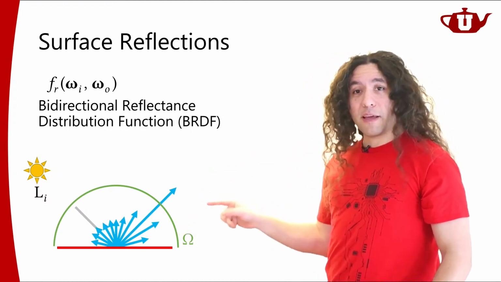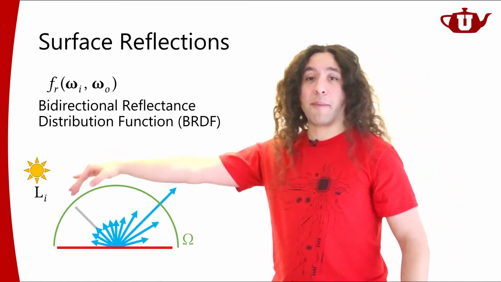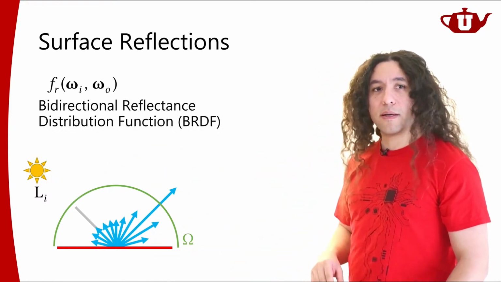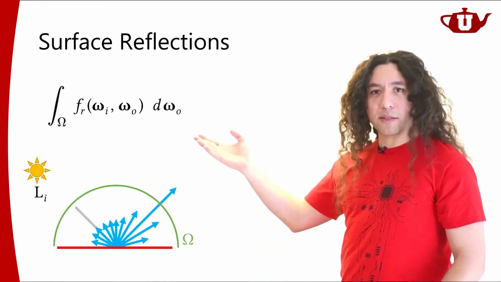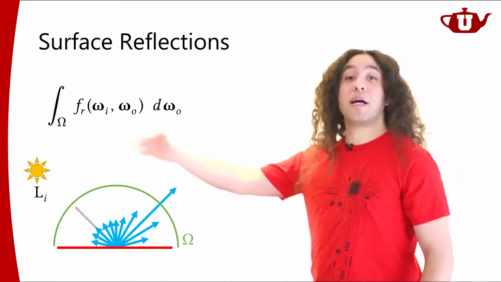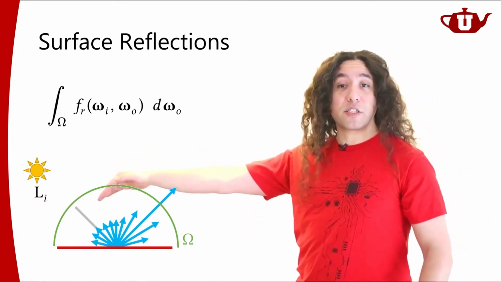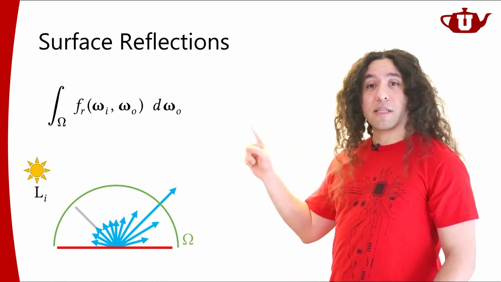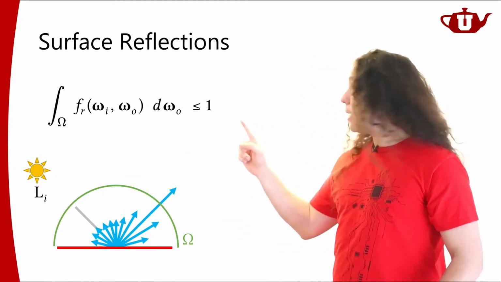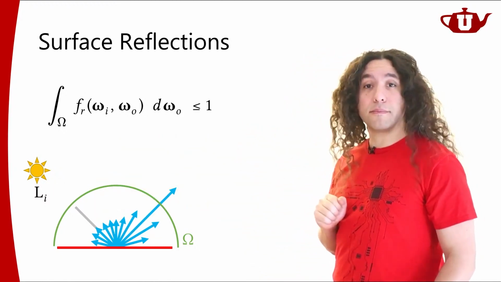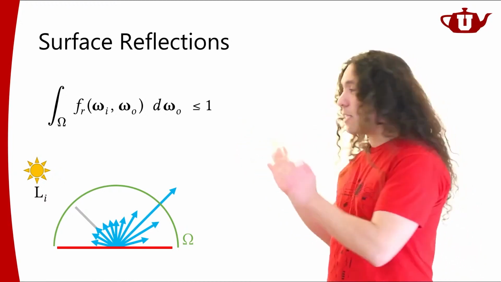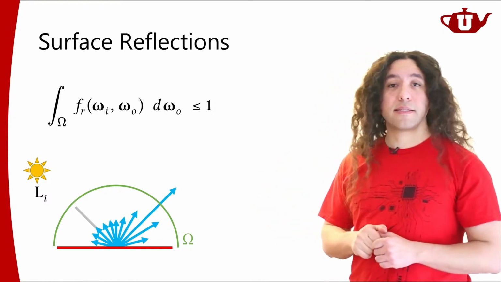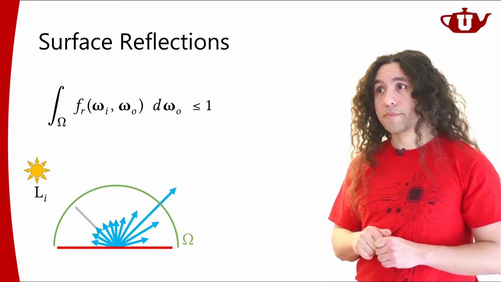So if I take an integral over this hemisphere of all directions above this surface, that means I sum this function over this entire domain of the hemisphere. The result should be less than or equal to 1.